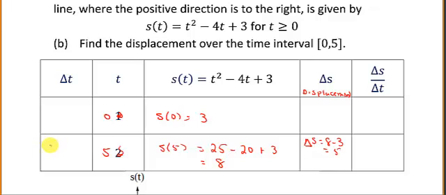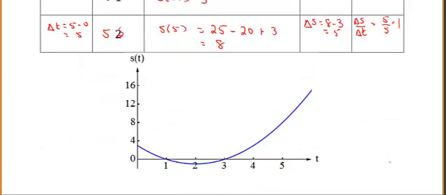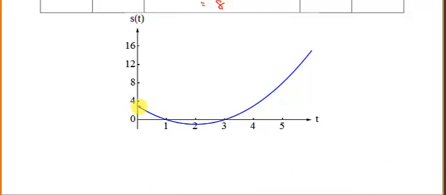The change in time is going to be 5 minus 0. That's going to be 5. And in this case, the average velocity would be the change in position divided by the change in time. That will be 5 over 5, so 1 is the average velocity. For this curve, at time t is equal to 0, we're at the point 0, 3.